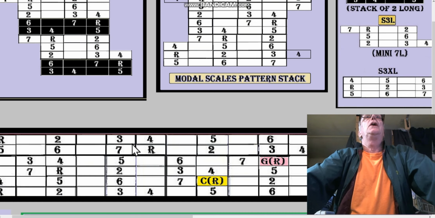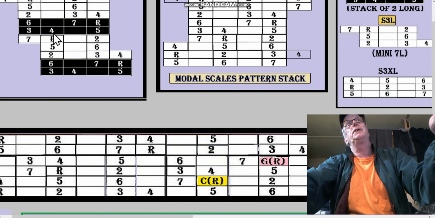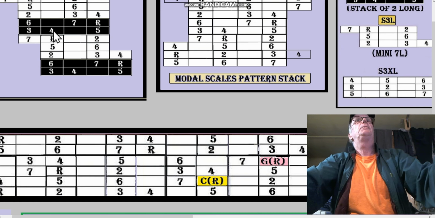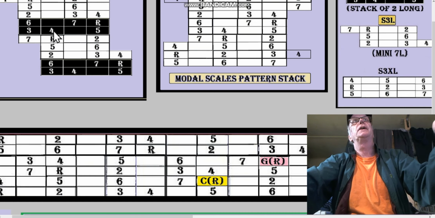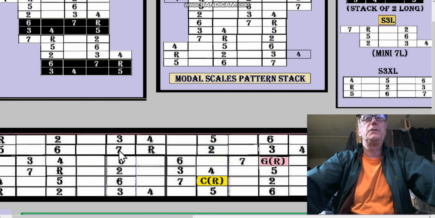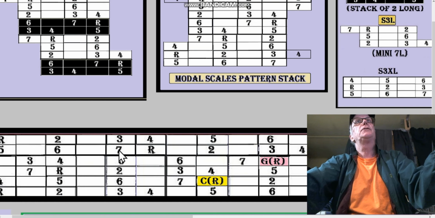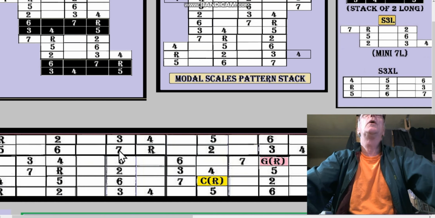Now we want to go from the 5 straight up to that root, right? 5 goes to root, G goes to C, the 4th, just up in the string. And guess what? There isn't a C string, there's an E string. So that 5 goes to 7, which is B. Sorry, it's a B string. It's only a major 3rd because of the tuning warp.